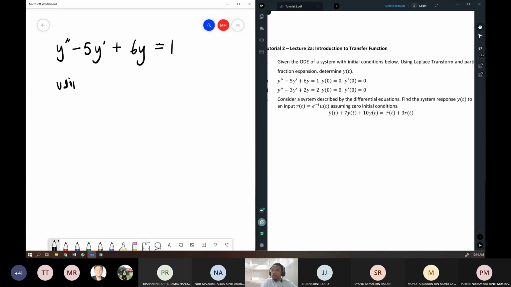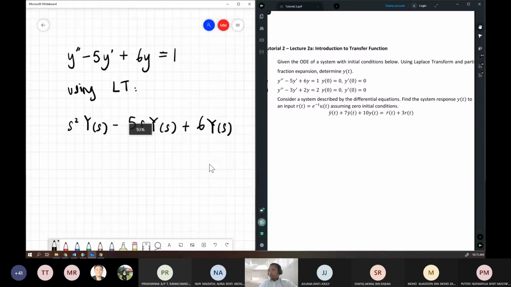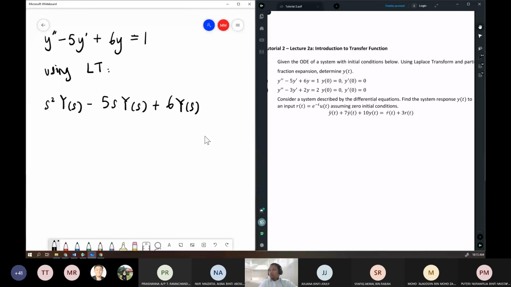So using Laplace transform, we get s squared Y(s) minus 5s Y(s) plus 6 Y(s) equals 1 over s.